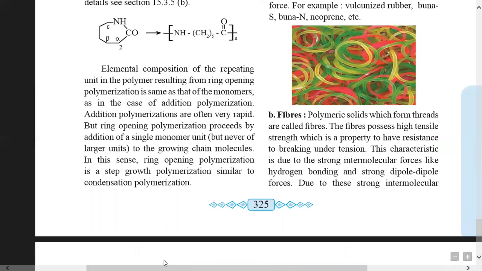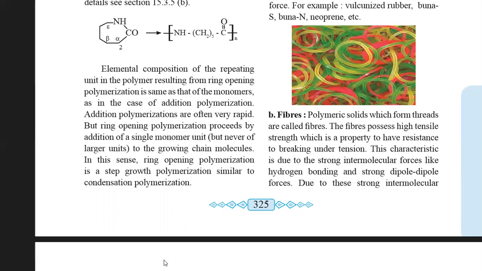The elemental composition of the repeating unit in the polymer resulting from ring opening polymerization is the same as that of the monomers, as in the case of addition polymerization. Addition polymerizations are often very rapid, but a ring opening polymerization proceeds by addition of single monomer units but never of large units to growing chain molecules.